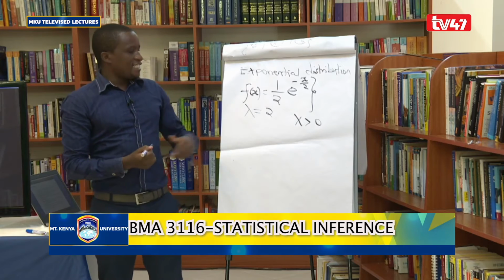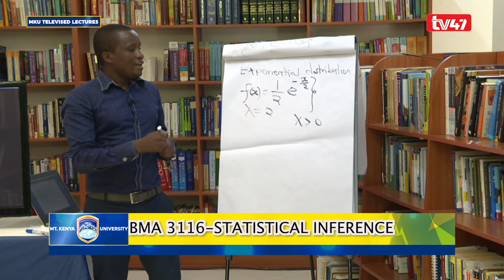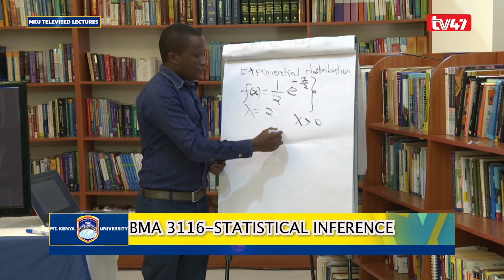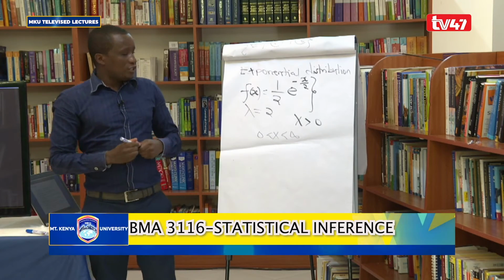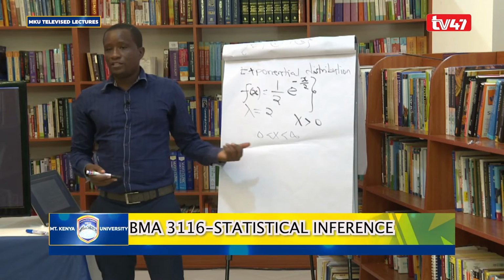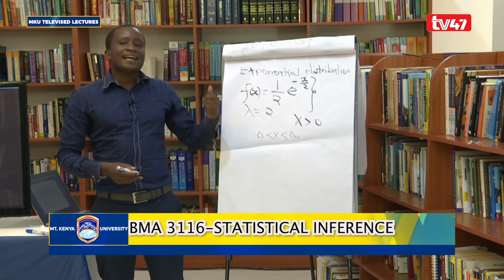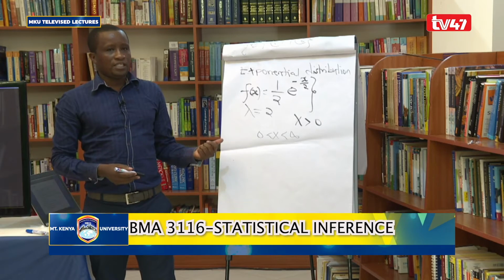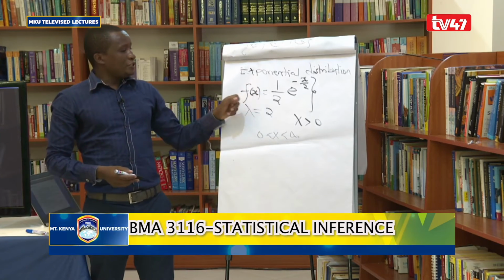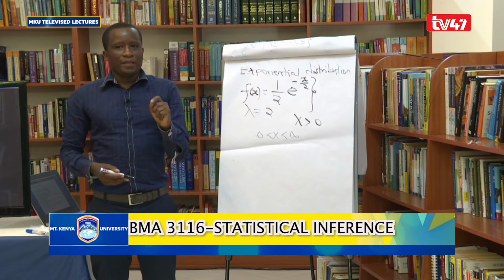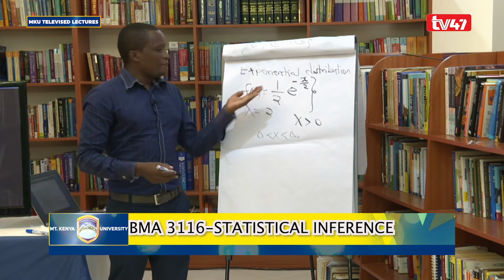So if x is written this way, then it means that values of x will range from 0 to infinity in a continuous case, such that the values of x we are talking about here are in an uncountable set of observations. So for any value of x in this interval I put here, I'm going to get a probability of getting that value of x from this distribution.